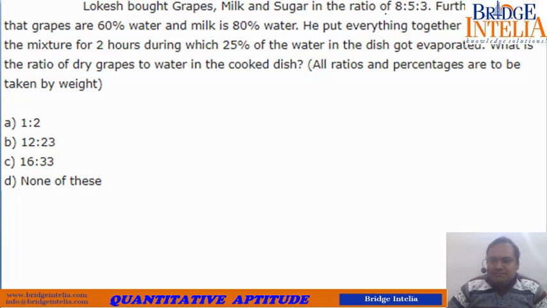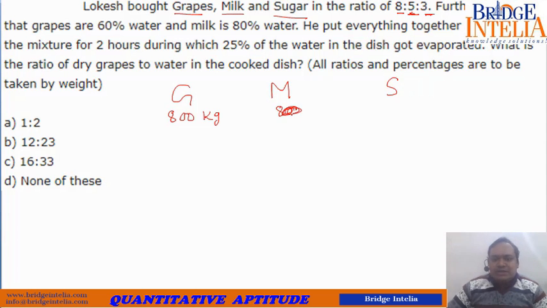So anyways, let's see. Lokesh is buying 3 elements: grapes, milk and sugar in the ratio 8:5:3. So you can assume that he bought 800 kgs of grapes, 500 kgs of milk, because it is said taken by weight, so I am using kg here, and 300 kilos of sugar.